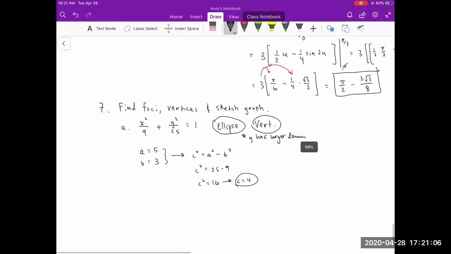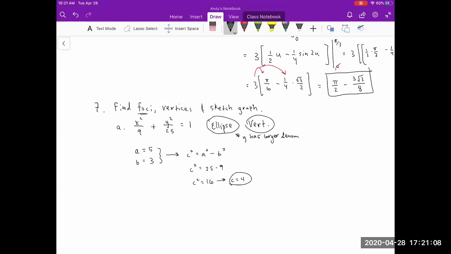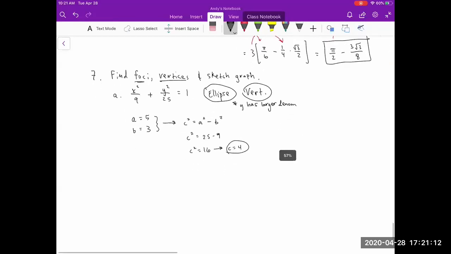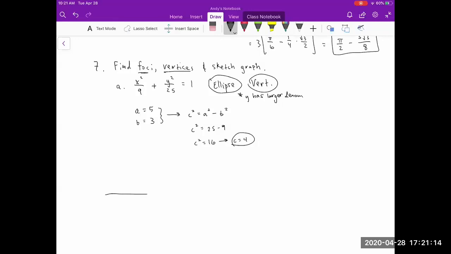So to find the foci and the vertices, I'm going to actually sketch the graph first, to help me find these objects. The center of the ellipse, by the way, is 0, 0 because there's no x minus or y minus. So that part is pretty clear, I think.